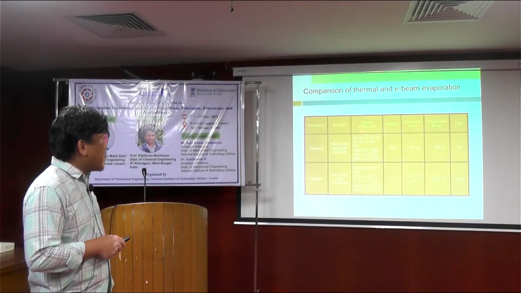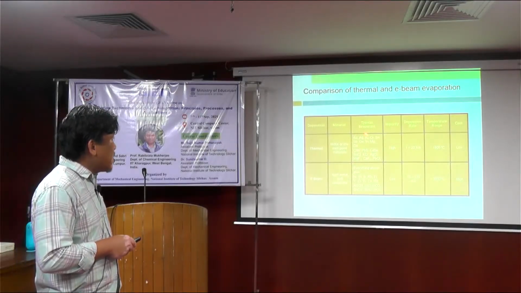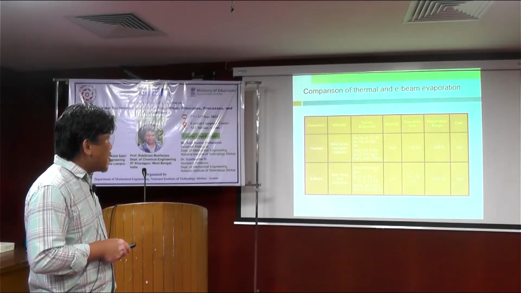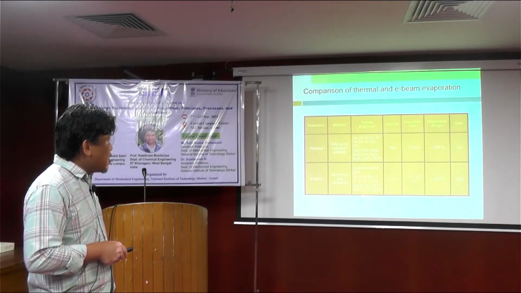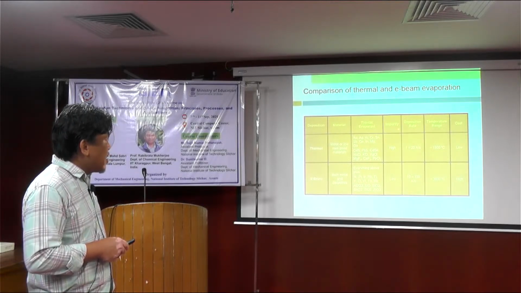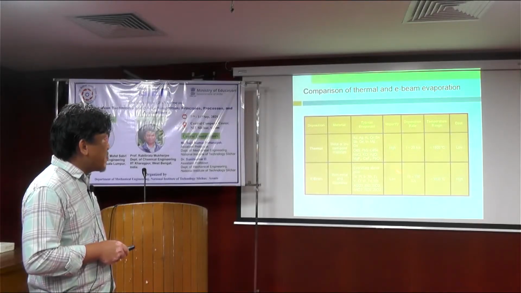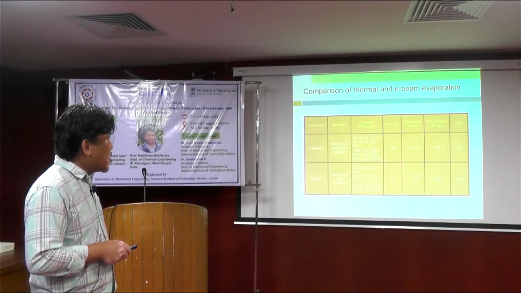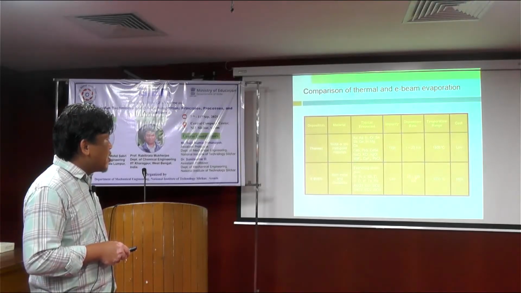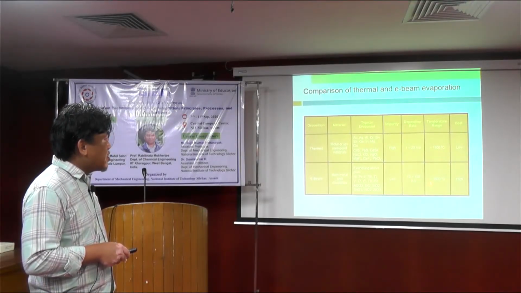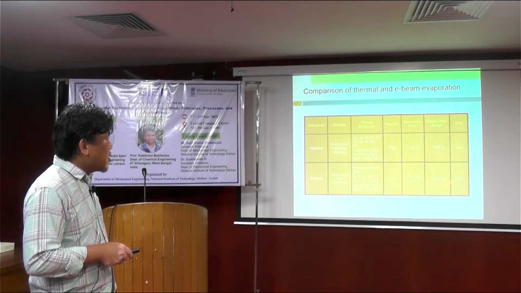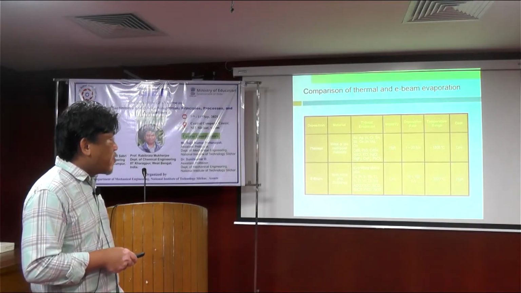And typical evaporants, these are the materials, everything above and including this material. And thermal has high impurity, but E-beam has low impurity. Deposition rate is higher for E-beam, and temperature range is, of course, higher for E-beam, and the cost is high for E-beam.